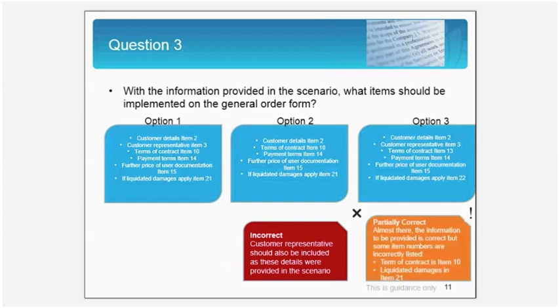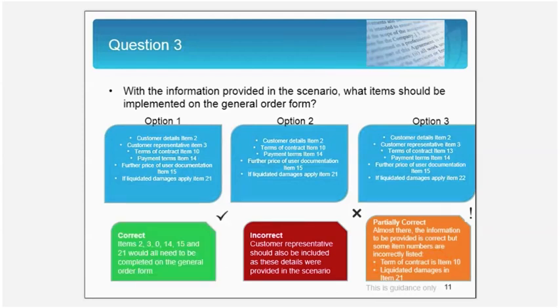Option 3 is partially correct since it captures all elements, but two of the item numbers are listed incorrectly. Option 1 is the correct answer as it includes all the items which need to be covered off across all the elements in the scenario.